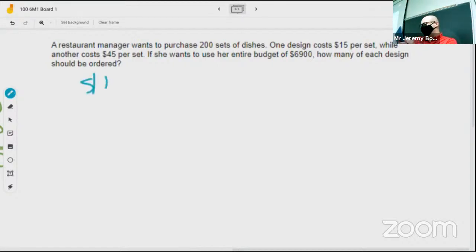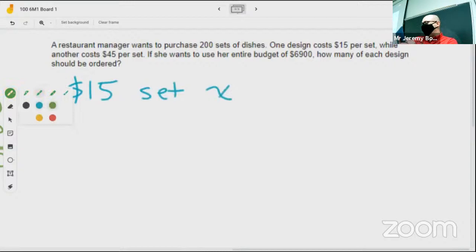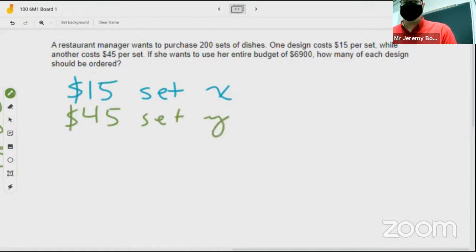You have the $15 set, and let's call that X. And you have the $45 set, let's call that Y. How can we set up a system of linear equations from this?